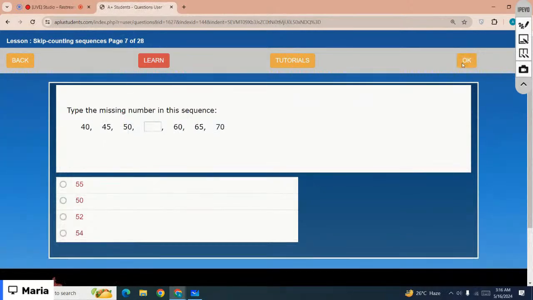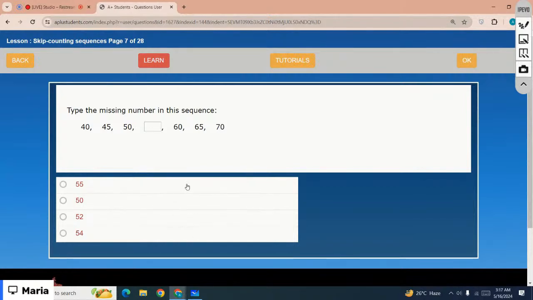Type the missing number in the sequence. So which number is missing? The correct option is, the pattern is growing by 5s, right?